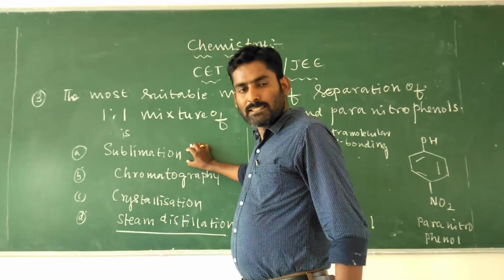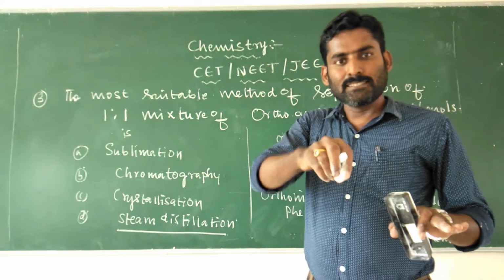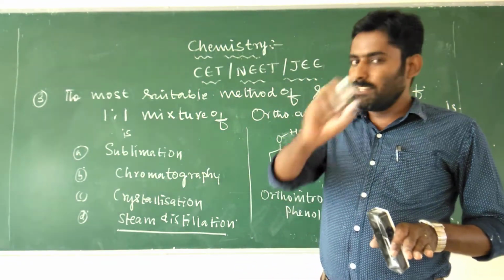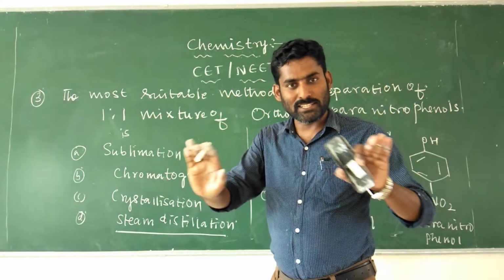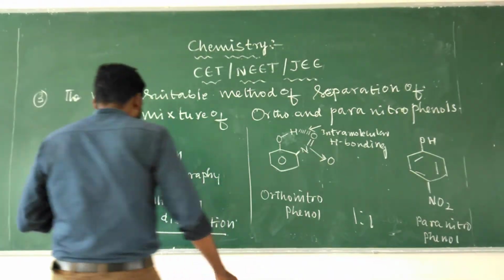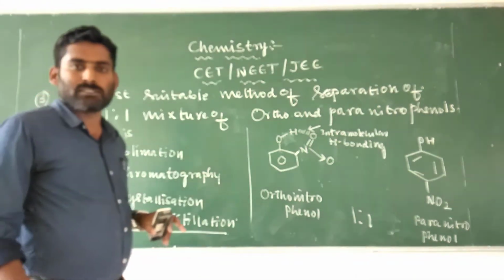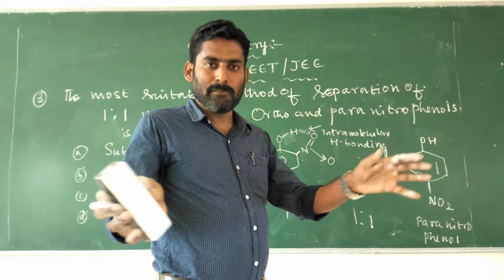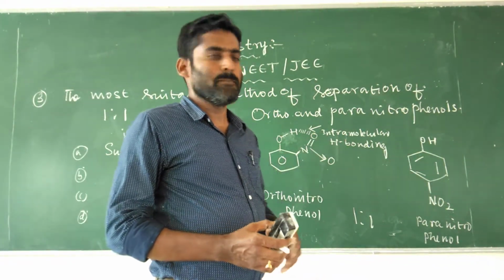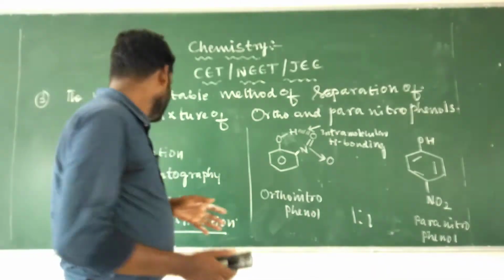Sublimation is the method in which a solid substance is directly converted into the gaseous state without involving any liquid state. Chromatography is used to separate a mixture of organic compounds into individual components by adsorbing on a suitable adsorbent.